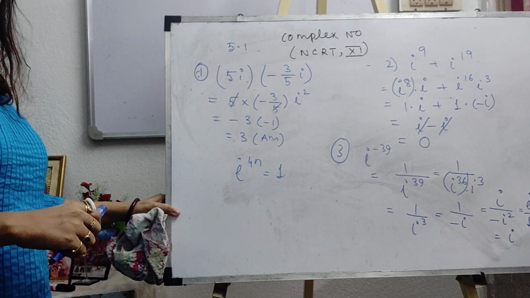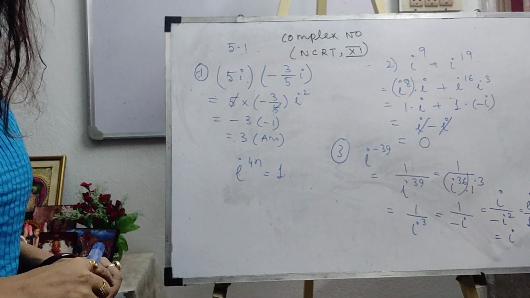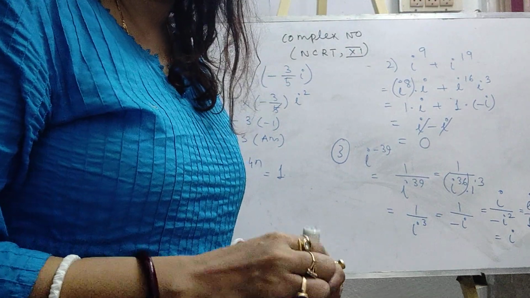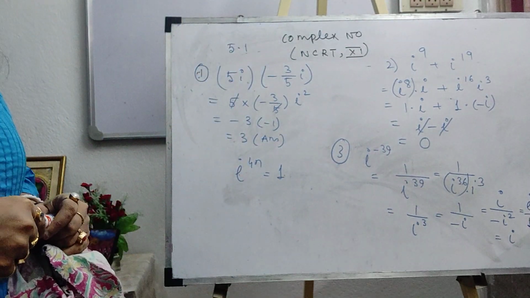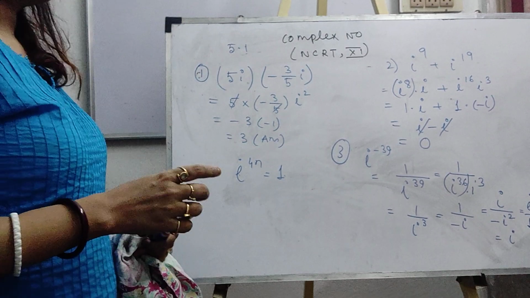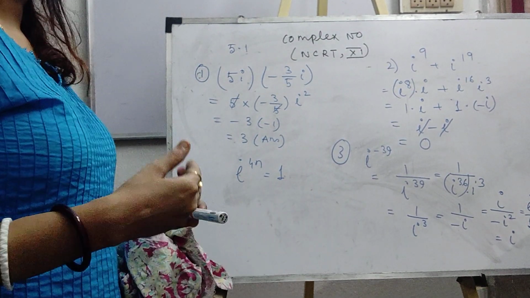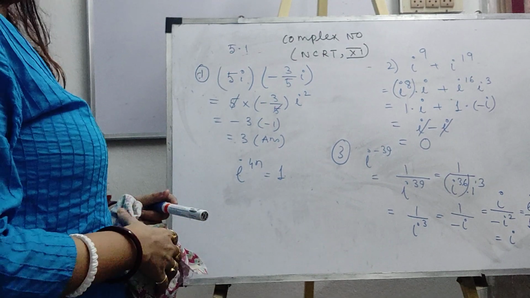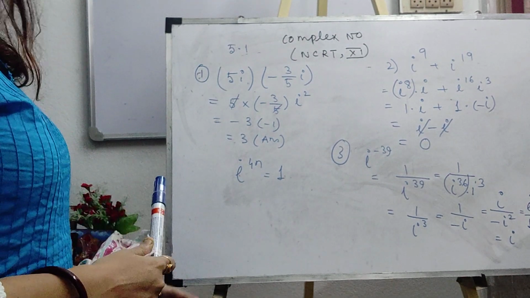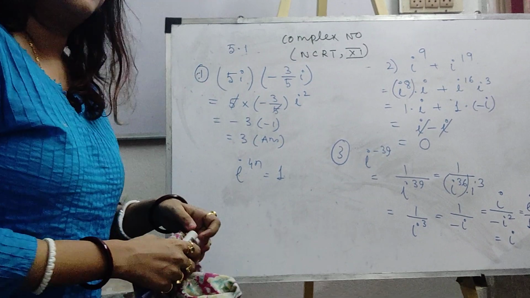Can you see this? Okay, alright. So what I did? Minus 39. Using the formula of indices, I wrote it 1 by i to the power 39. Now i to the power 39 is i to the power 36 into i cube. Alright.